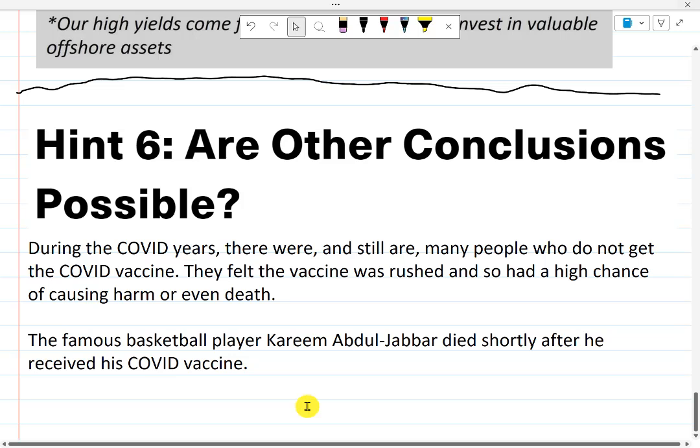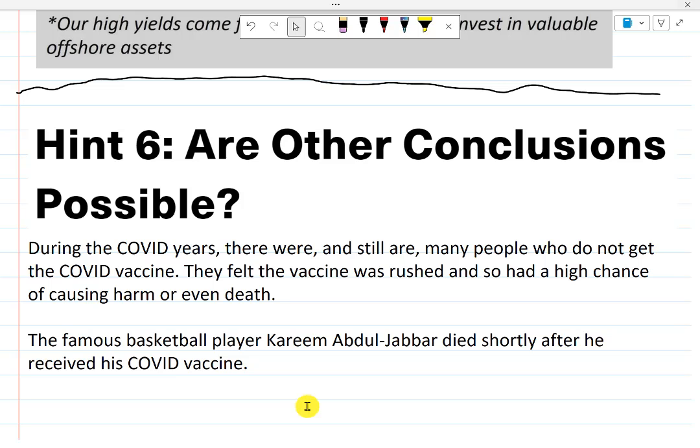Our next situation is this. Are other conclusions possible? So let me read what I have here. During the COVID years, there were, and as a matter of fact, there still are many people who won't take the COVID vaccine. The primary thing that I've heard is they felt the vaccine was rushed and so had a high chance of causing harm or even death.